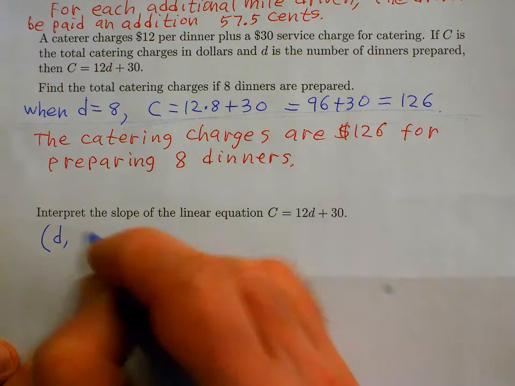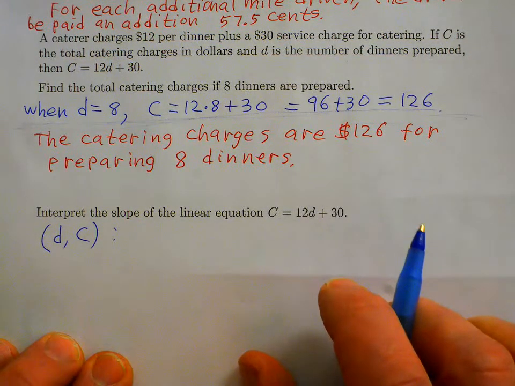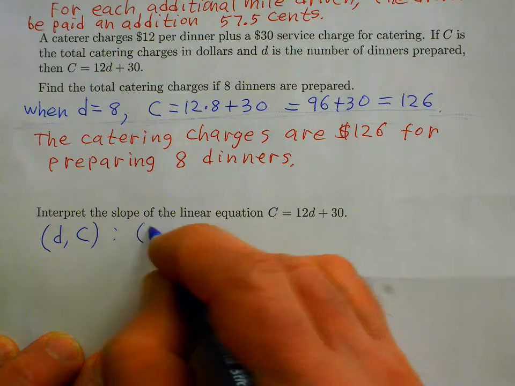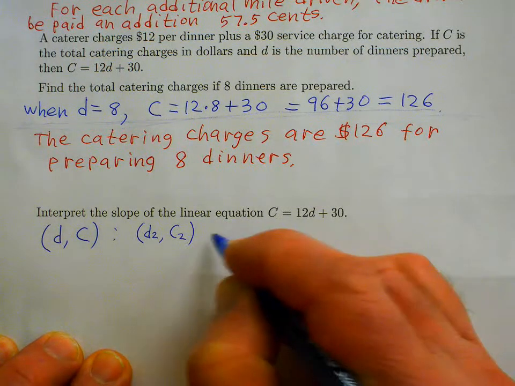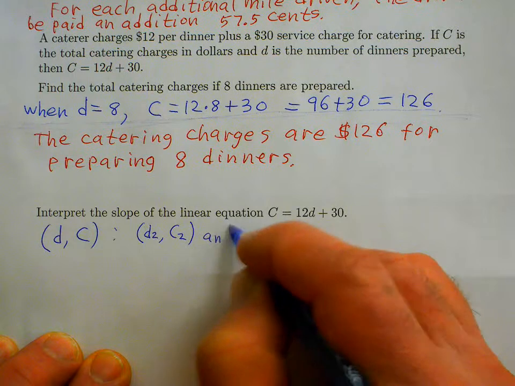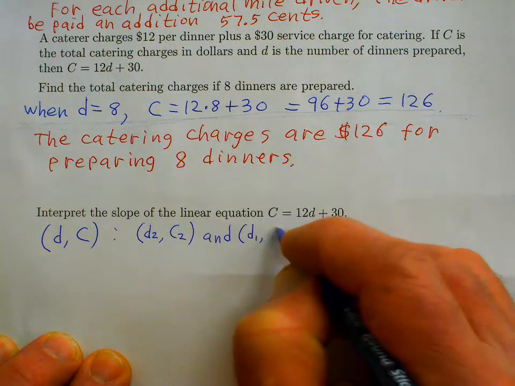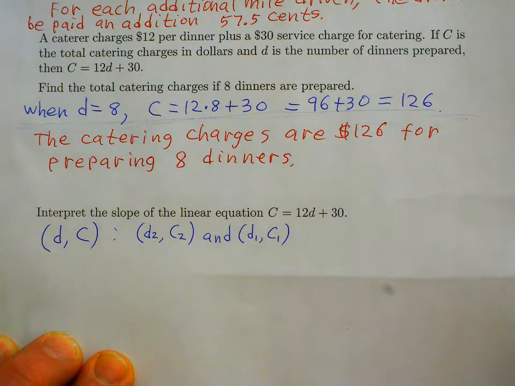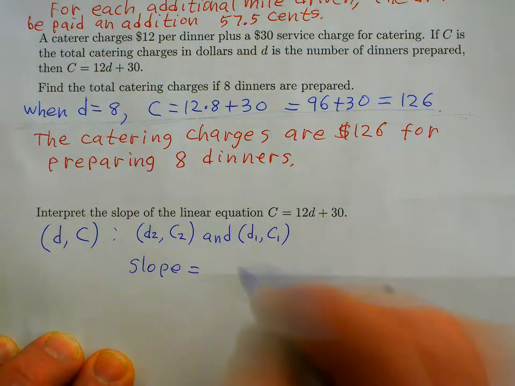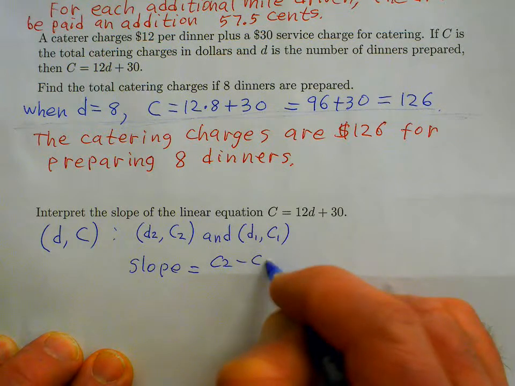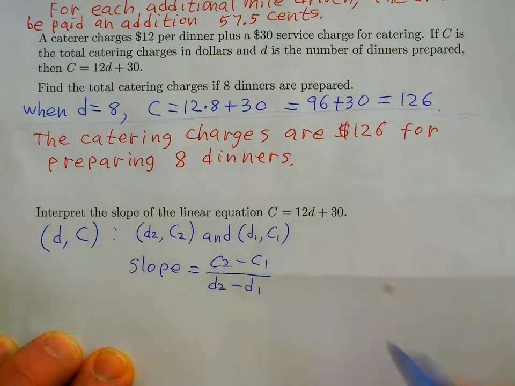Instead of y, we're using capital C. So if we have two ordered pairs, D2, C2, and D1, C1, or vice versa, then our slope is C2 minus C1 divided by D2 minus D1.